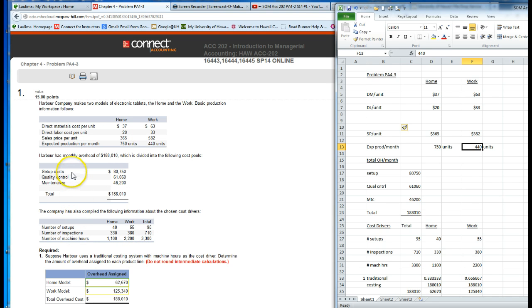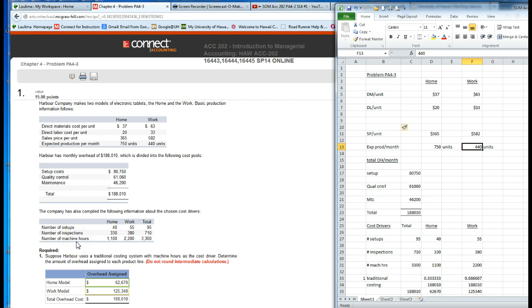To allocate our setup costs, we're going to look at the number of setups. To allocate our quality control costs, we're going to look at the number of inspections done. And finally, to allocate our maintenance costs, we're going to look at the number of machine hours.